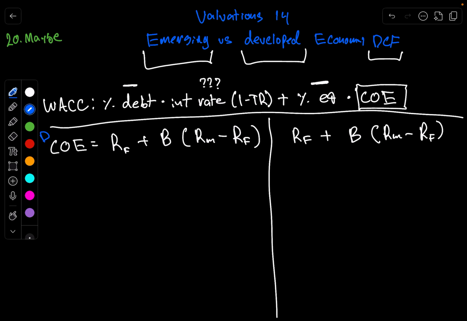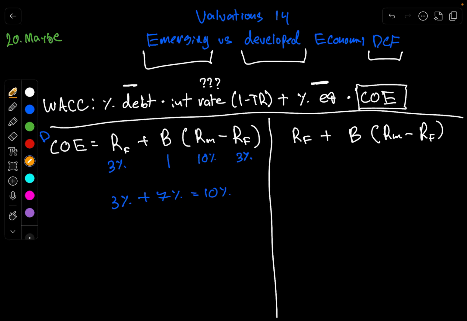Let's say the risk-free rate here is 3%. The company is just as correlated as the market is, so beta is 1, the return on the market is 10%, and the risk-free rate again is 3%. So that gives us 3% plus 7%, which gives us 10%. So our cost of equity is 10%.